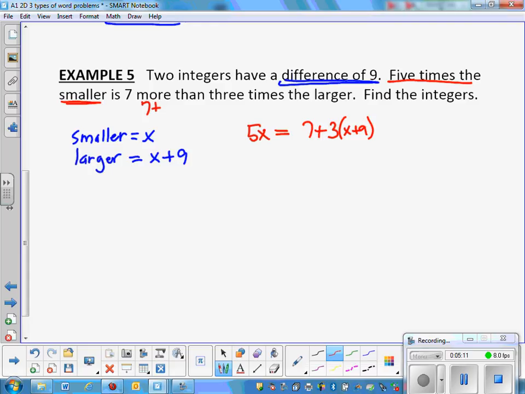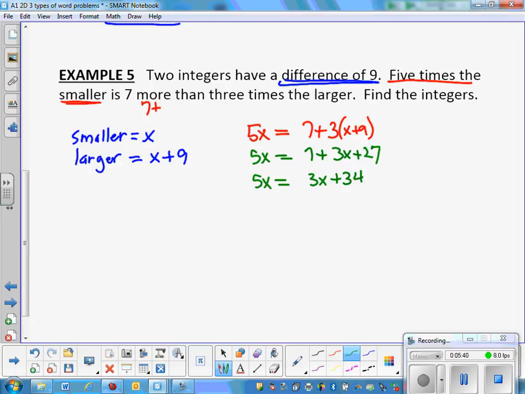So now I'm ready to solve it. I'm going to distribute my parentheses, and I will have 5x is equal to 7 plus 3x plus 27. I will simplify this right side. I can combine the 7 and 27. So I'll have 5x is equal to 3x plus 34.